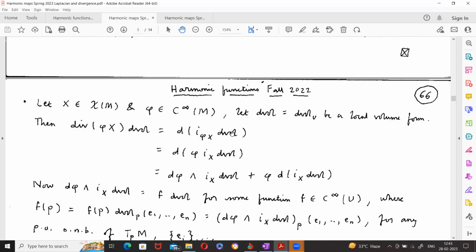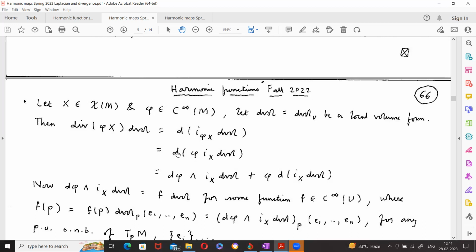Now, what is the interior contraction? In this n form, you get an n-1 form by putting the vector field in the first position and then applying the n form to the remaining n-1 vectors. If I put phi X in the first position, then by multilinearity the phi will come out.